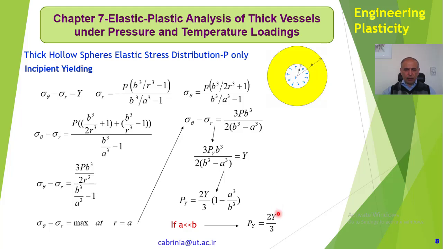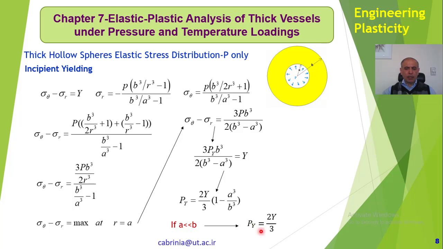Okay, this could be, for instance, a small cavity in a large body under pressure. For instance, in castings, when we cast a part, sometimes some gases cannot escape and are encapsulated in a very small area. In such a case, we say a is very much smaller than b, and we can treat it like a small cavity under pressure.